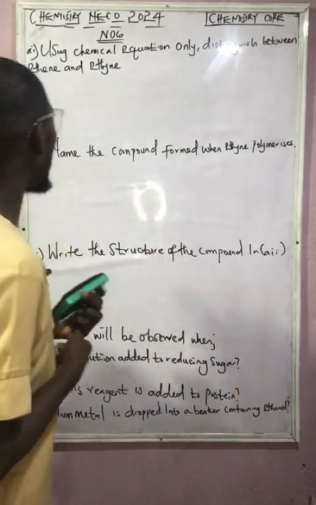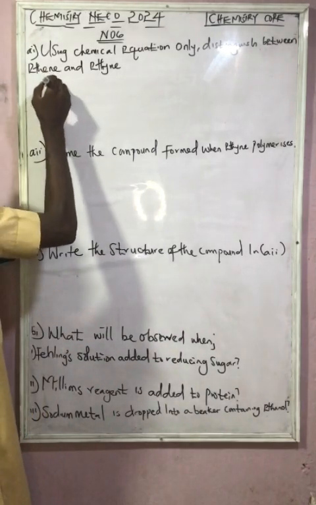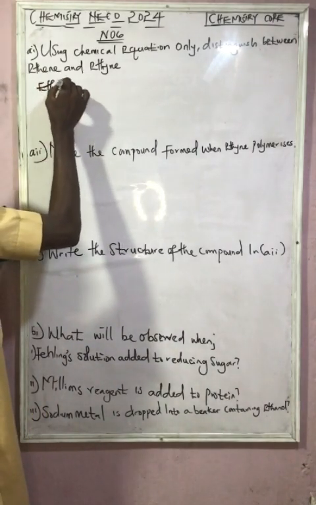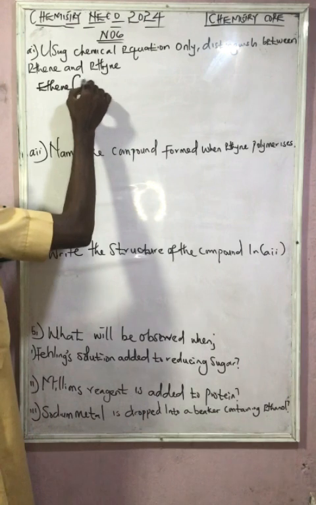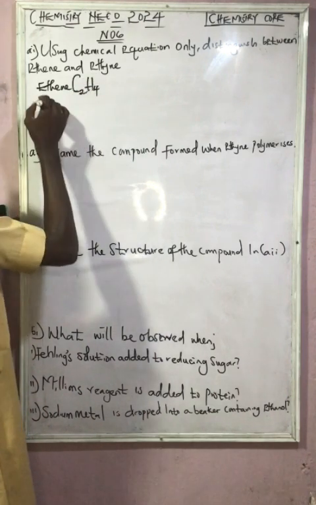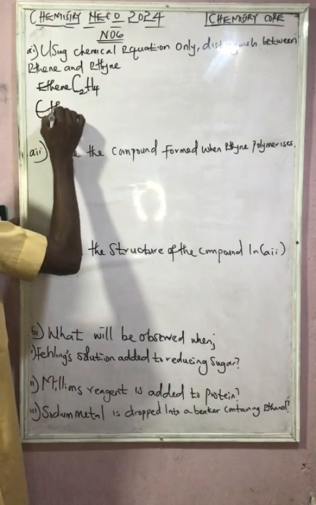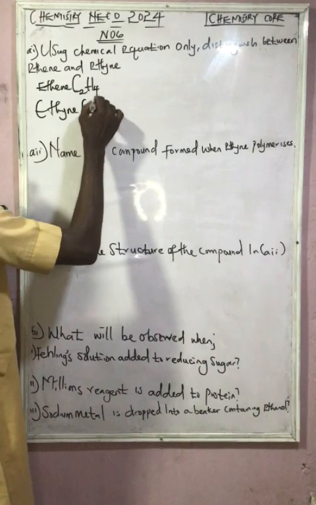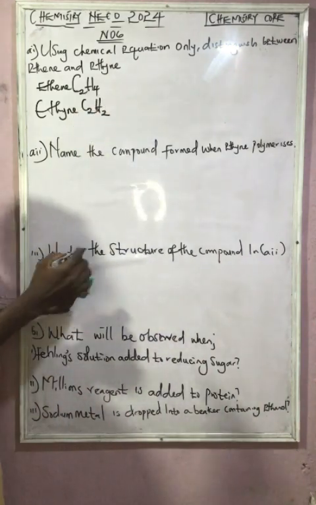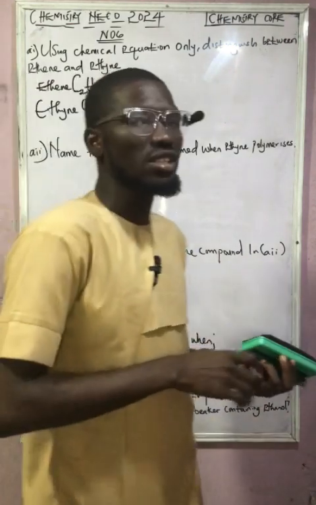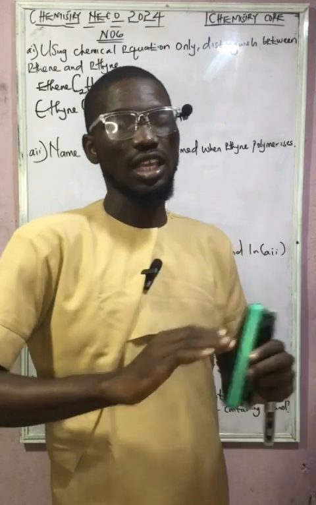So back to the board. Now we have this. Ethene is C2H4, ethyne is C2H2.